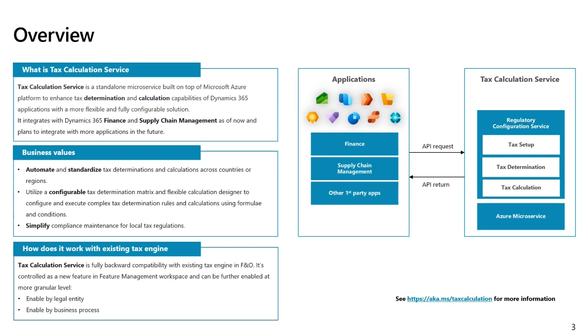Scenarios like transfer price model and limited risk distributor, consignment warehouses with multiple VAT registrations, EU triangulation transactions, EU VAT on margin, EU distance selling, US origin-based and destination-based sales tax, and tax deductibility by the usage of the goods and services. These scenarios can be well supported by the tax calculation service.